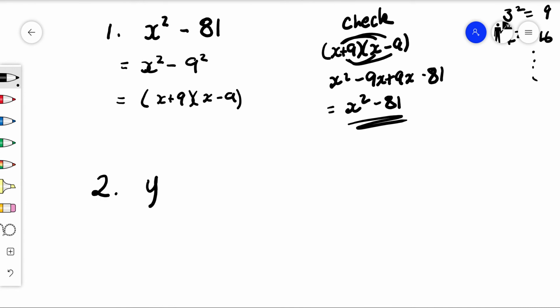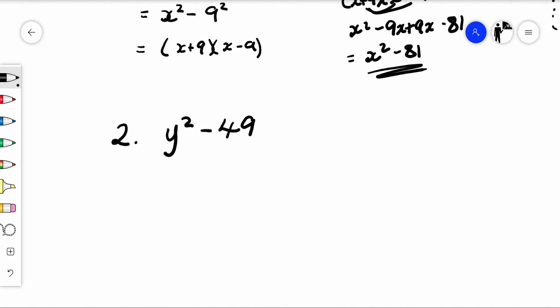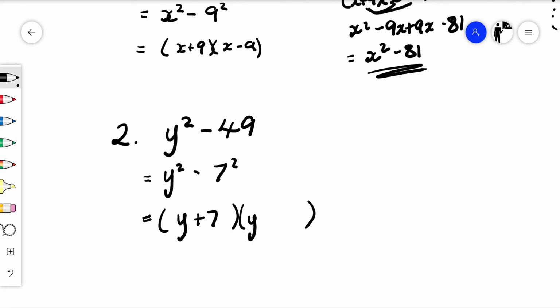Let's go y squared minus 49. Let's factorise this. Step 1, is there a common factor? No. Do I have something squared take away something squared? Well, I know that 49 is the same as 7 squared, because 7 times 7 is 49. So I can factorise this into my double brackets as y plus 7 and y minus 7.